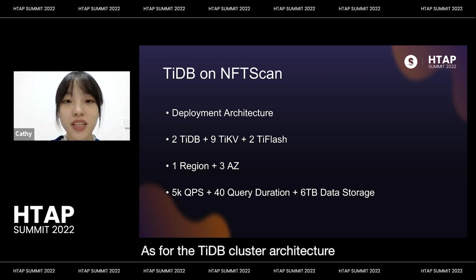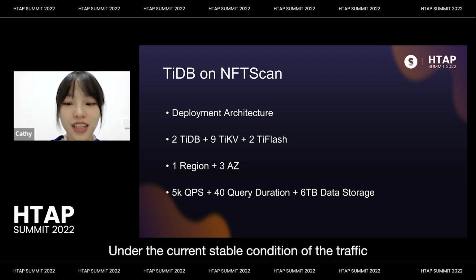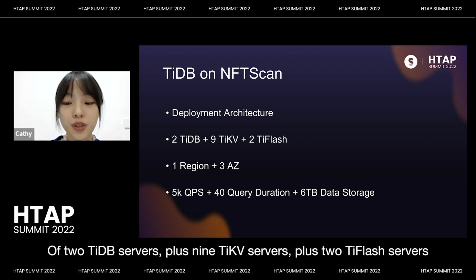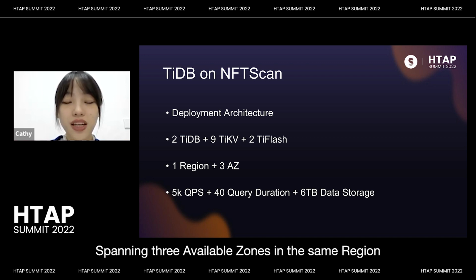As for the TiDB cluster architecture, under the current stable condition of the traffic, we have adopted a deployment mode of 2 TiDB servers, plus 9 TiKV servers, plus 2 TiFlash servers, spanning 3 availability zones in the same region.